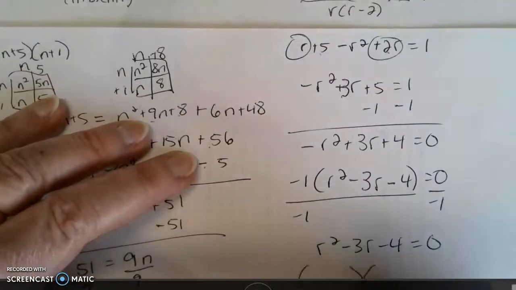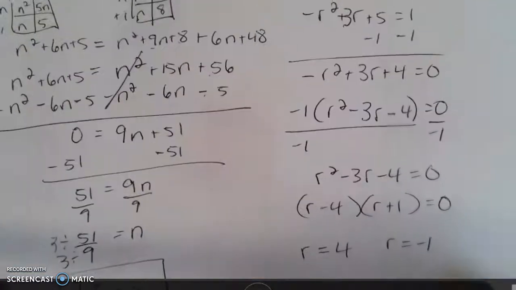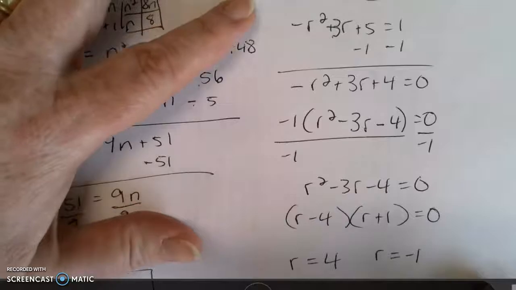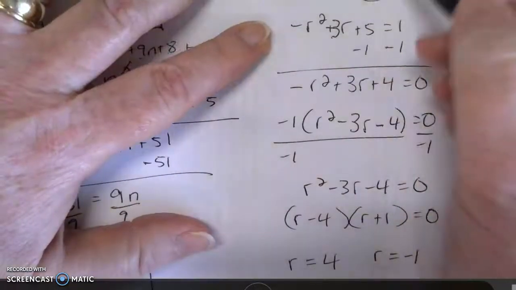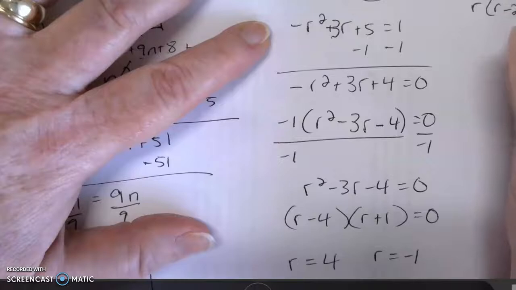Now I'm going to factor. So I've got r equals 4 and r equals negative 1. Now I've got to check. Going back to my denominator, my denominator was r times r minus 2.